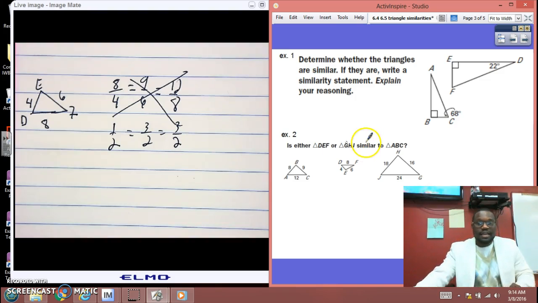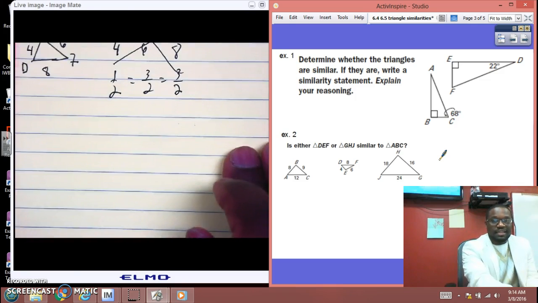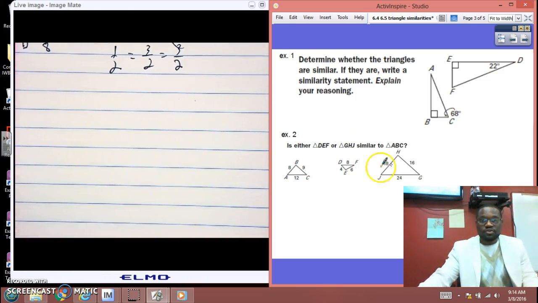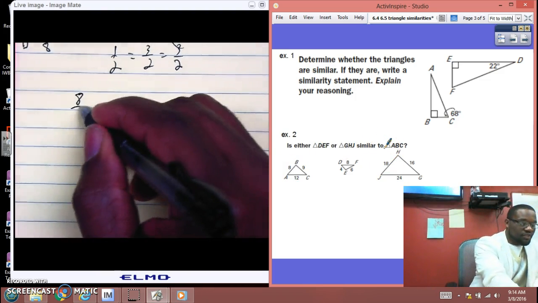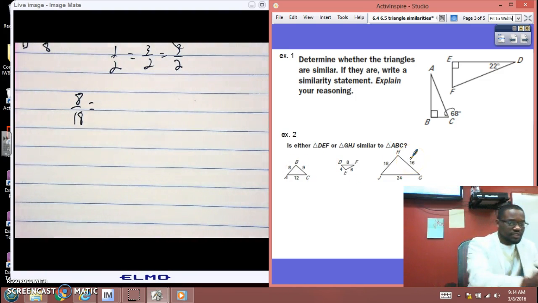Let's try ABC and this triangle right here. I think it's set up okay, where using these two I can say 8 over 18. Does that equal 9 over 16?